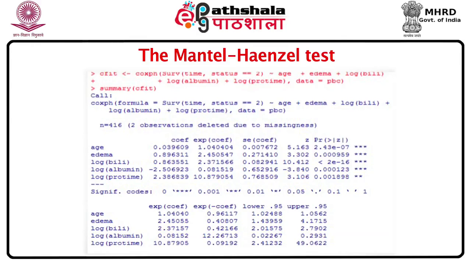The syntax, you can see, is also similar. So there is a survival object where the first variable is time, the second is censoring, and on the other side of the equation we have the usual regression formula which we have used for LM, LME and many other regression settings, and the data.